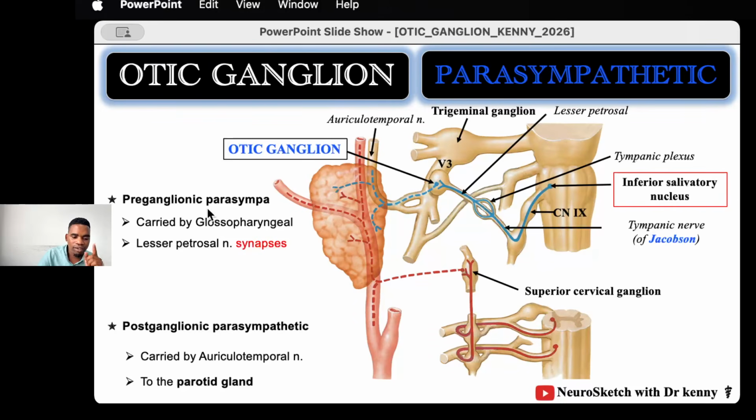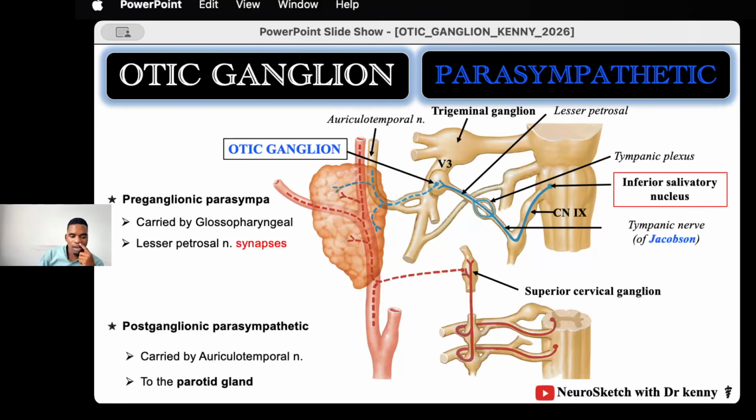So the preganglionic parasympathetic fibers within the Otic ganglion are brought by the lesser petrosal nerve, but after the synapse, the postganglionic fibers are carried by way of the auriculotemporal nerve, which is a sensory branch of V3, and is going to be brought to the parotid gland. You have the inferior salivatory nucleus going to supply the parotid gland.